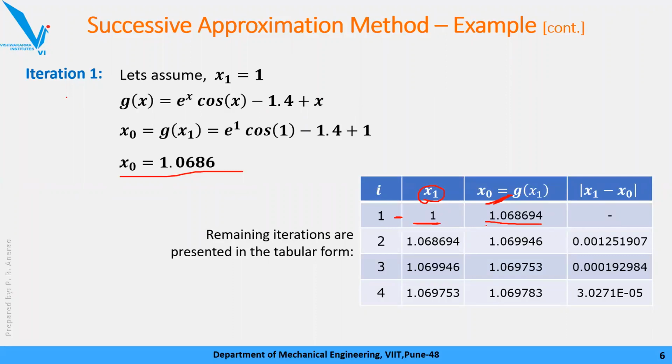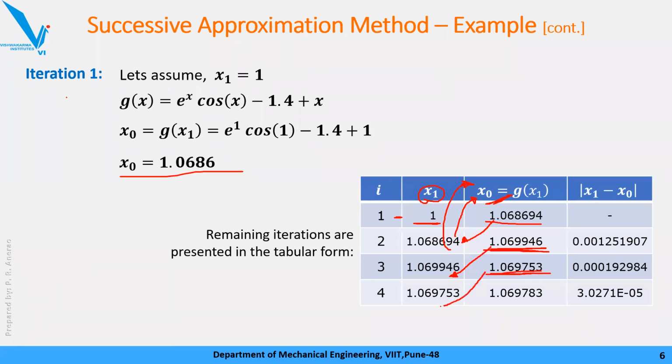For second iteration, use the same value, put it back into the g of x. You will get the next x0 value. Take the next x0 value in the third iteration, carry it, again put it back in the function g of x. You will get a new value of x0.